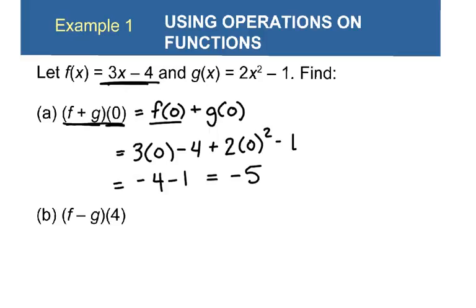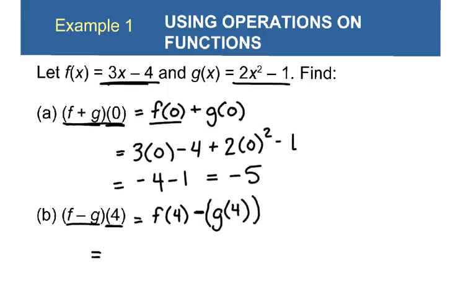Now let's look at part B. We have f minus g of 4. Again, don't mistake this for multiplication. It is not multiplication. So we're going to replace our x values with 4. We're going to compute f of 4 minus g of 4. Now, be careful with this minus sign. We're going to place our minus sign around our entire function g, because that negative is going to distribute through.